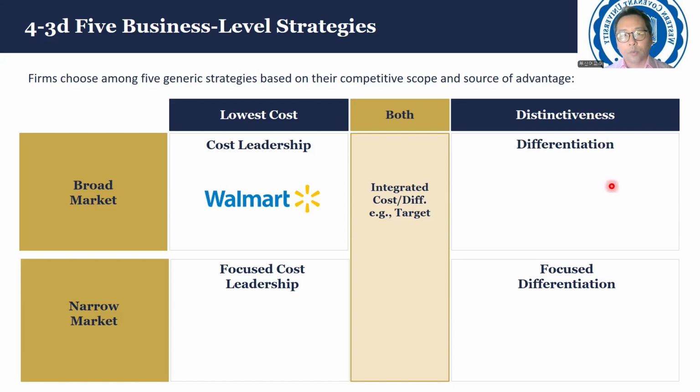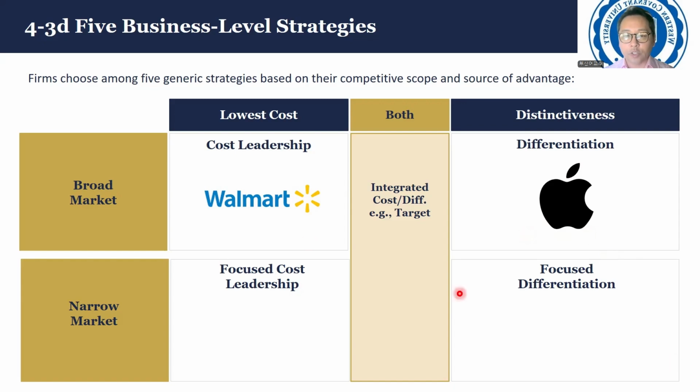And next, we want to take a look at the example of differentiation strategy. The great example is Apple, right? Apple is a good example of differentiation because it serves a broad market, but competes through distinctiveness. Apple products are not usually the cheapest. It's rather expensive, but customers value their design, brand image, user experience, and ecosystem, right?